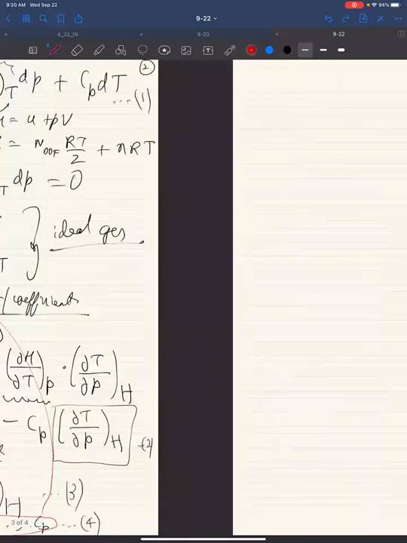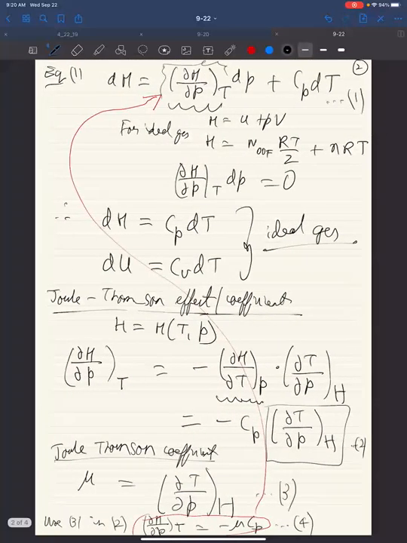So with this, we get dH is equal to minus mu Cp dP plus Cp dT. And this is true for any gas, any material, any chemical.